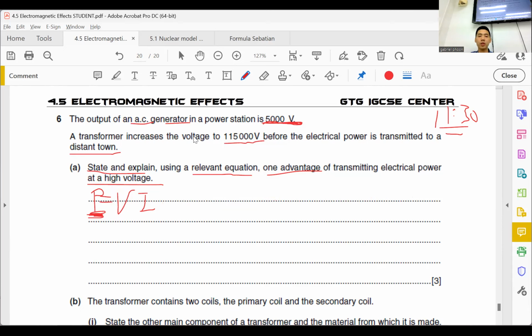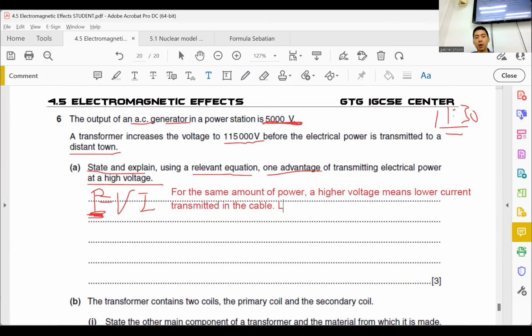So first and foremost, you're going to say P equals to VI, right? For the same amount of power, the higher voltage means lower current transmitted.